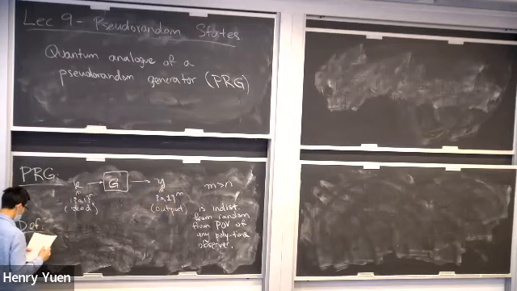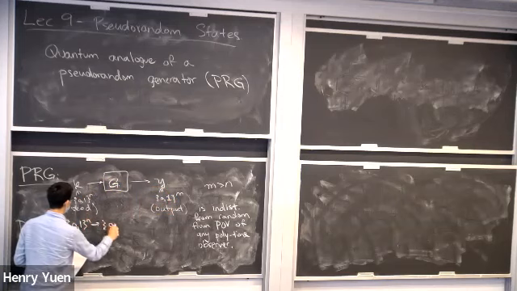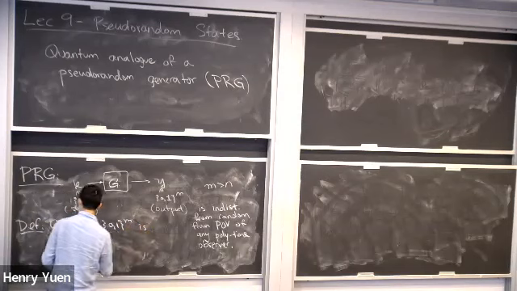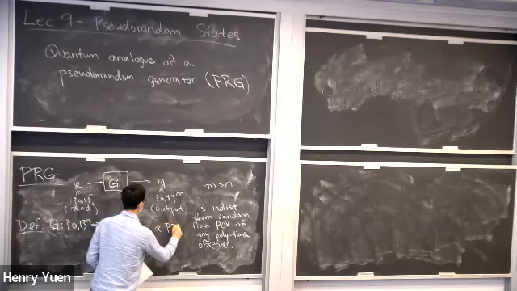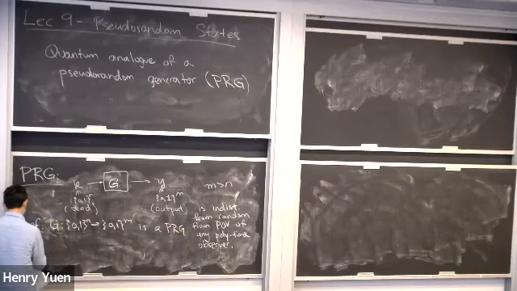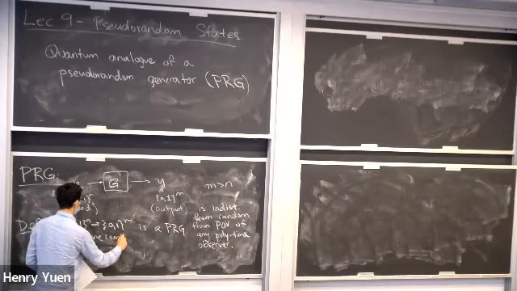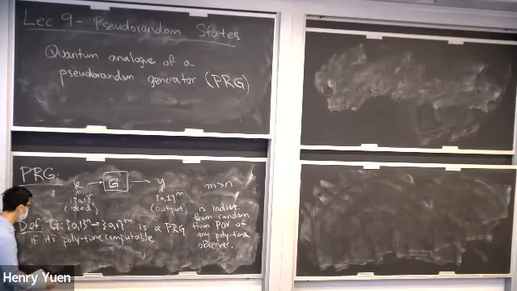The definition is that G, which is a function from n bits to m bits, is a PRG if it's polynomial time computable, meaning that there's some algorithm that doesn't take too long and it can compute this function.